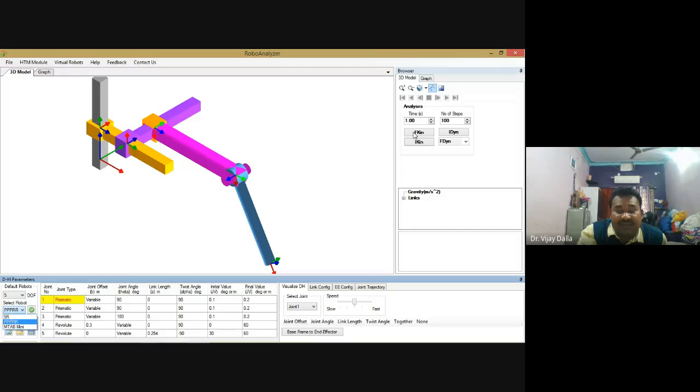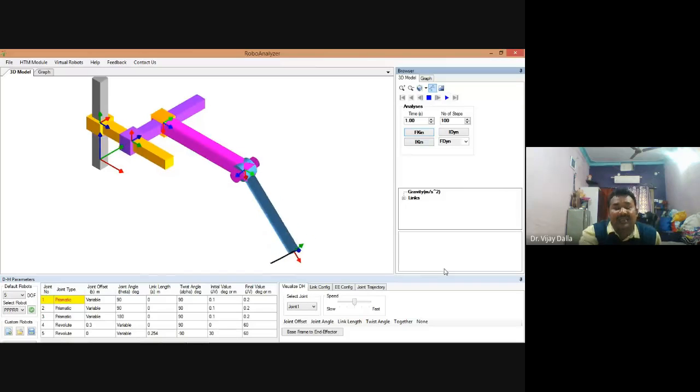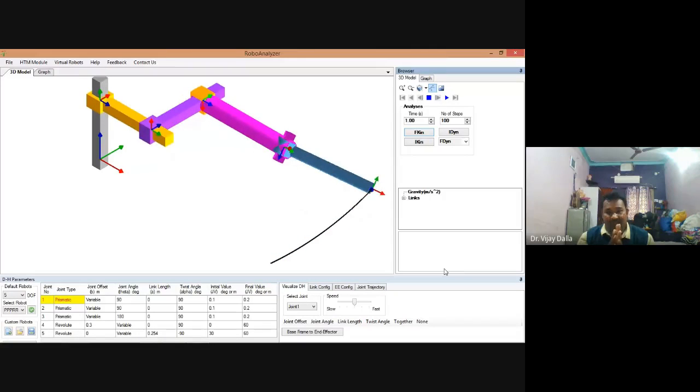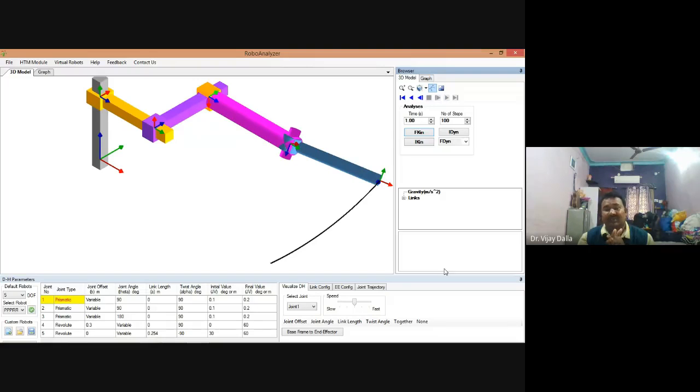That is the forward kinematics. Now I'm going to click forward kinematics. Now see, it got analyzed. It means we now know its positions and orientations mathematically, but we want to visualize its motion, so we need to play this forward button, and now see the motion of the robot end effector. Okay.